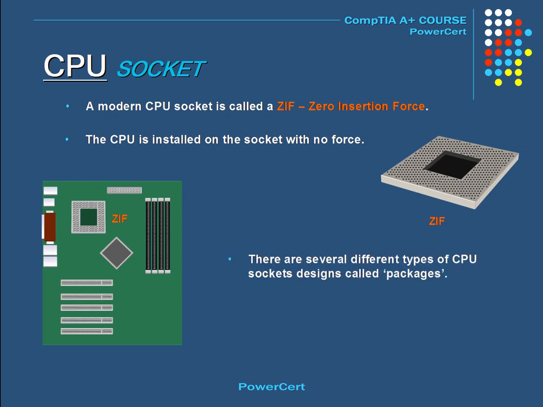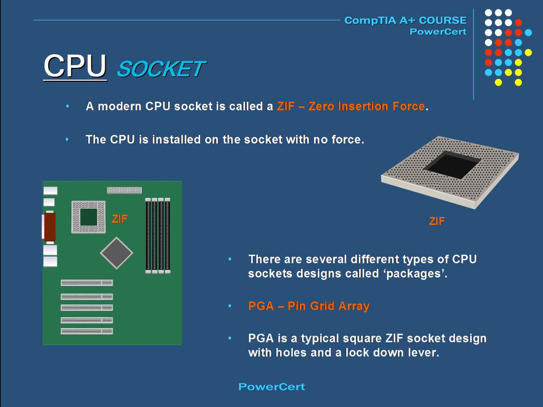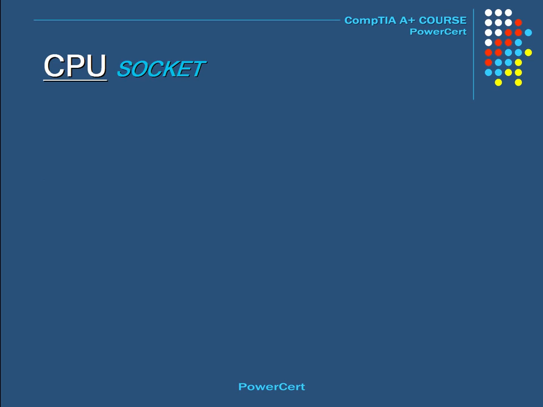There are different types of CPU socket designs called packages. One of the most common types of these packages is the PGA, or Pin Grid Array. The PGA package is a typical square ZIF socket design with holes and a lockdown lever. The latest in socket design packages is called LGA, which stands for Land Grid Array.